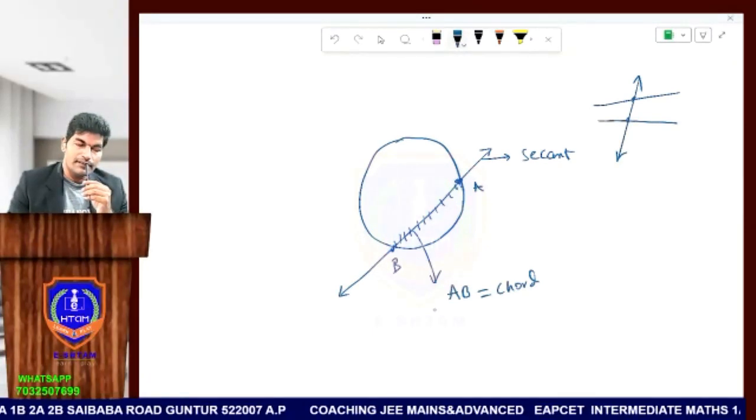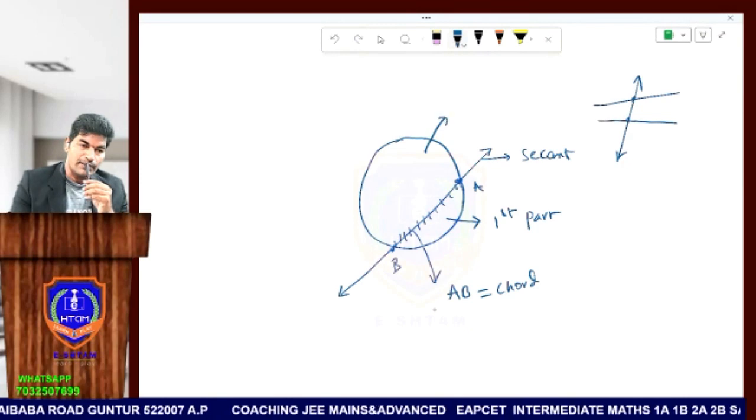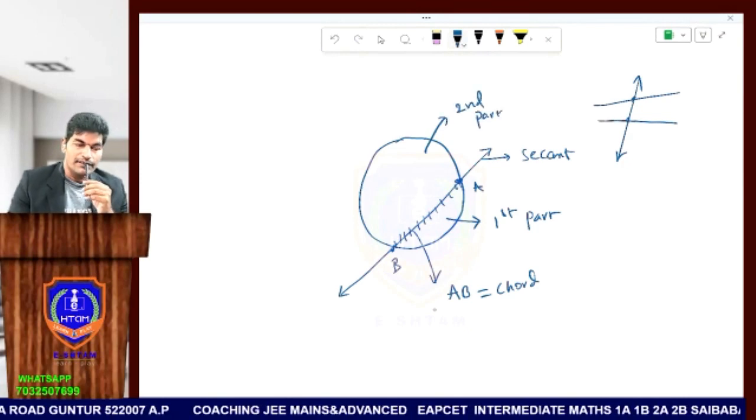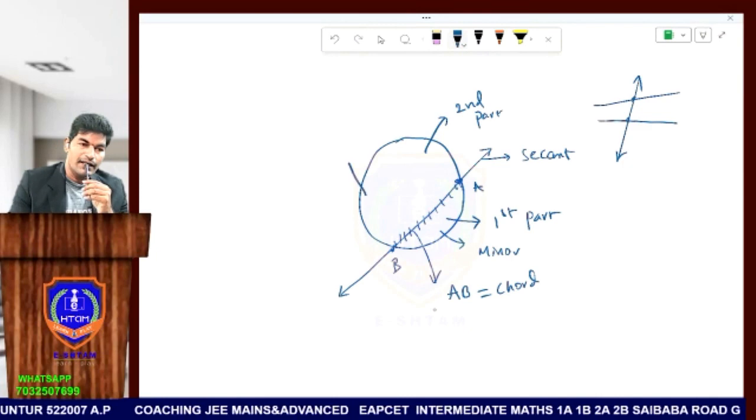And this chord divides the circle into two parts. Let us suppose this is the first part and this is the second part, right? The smallest part is called minor, and the largest part is called major.